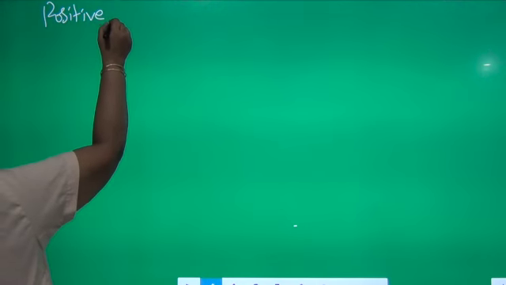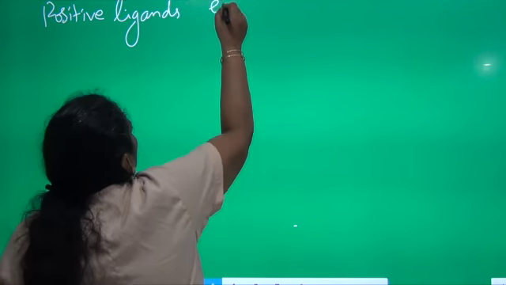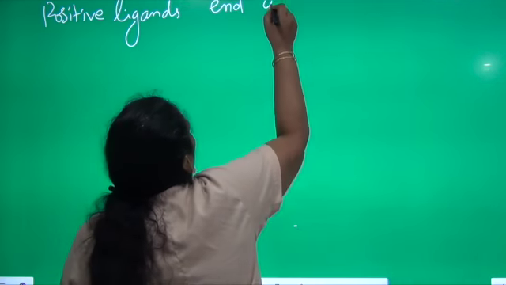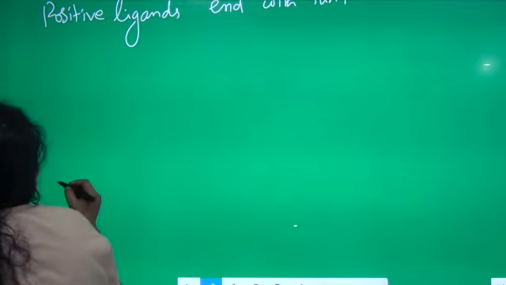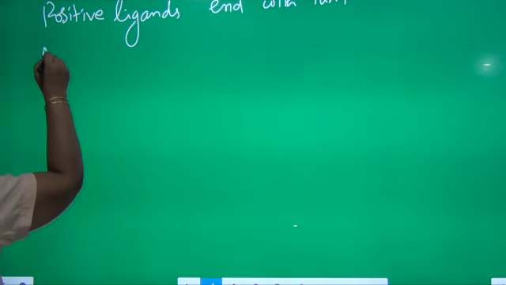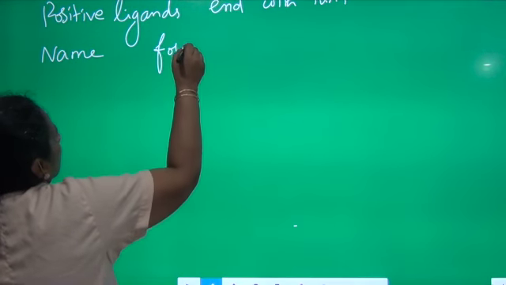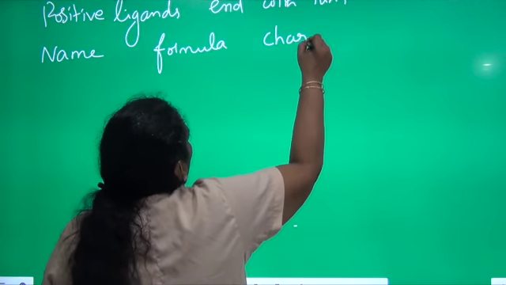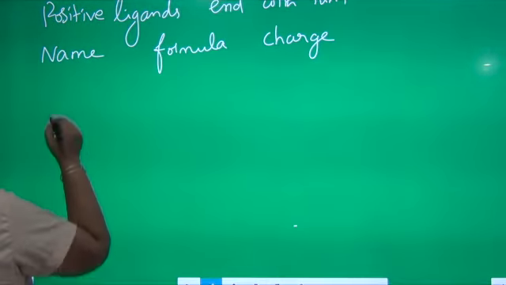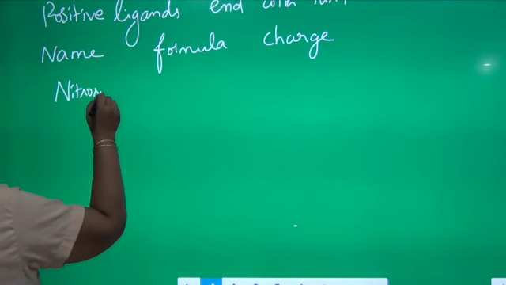Positive ligands end with IUM. For example, nitrosonium.